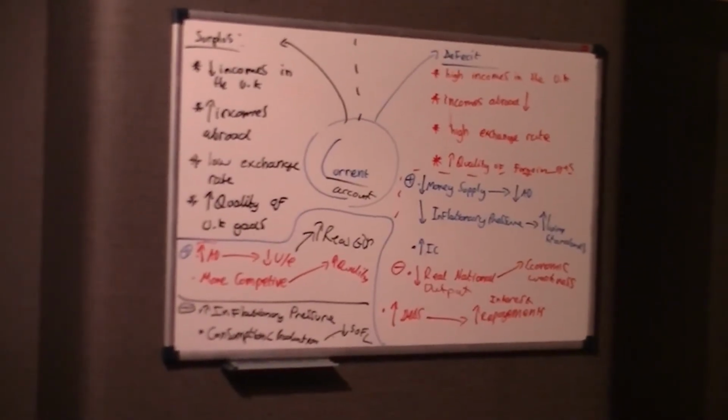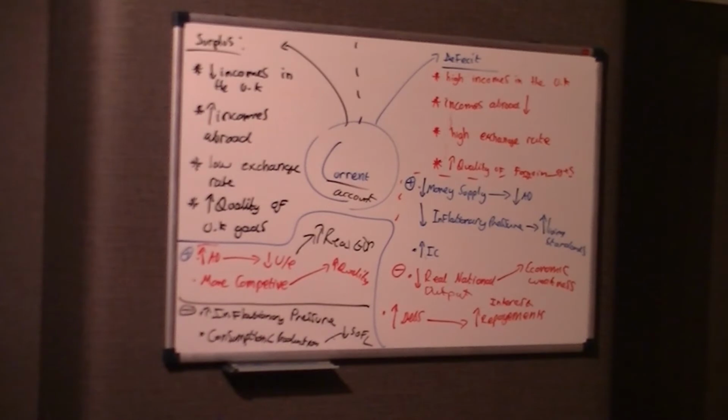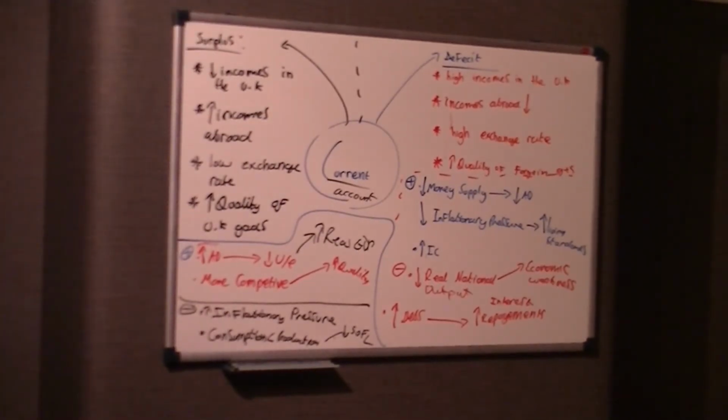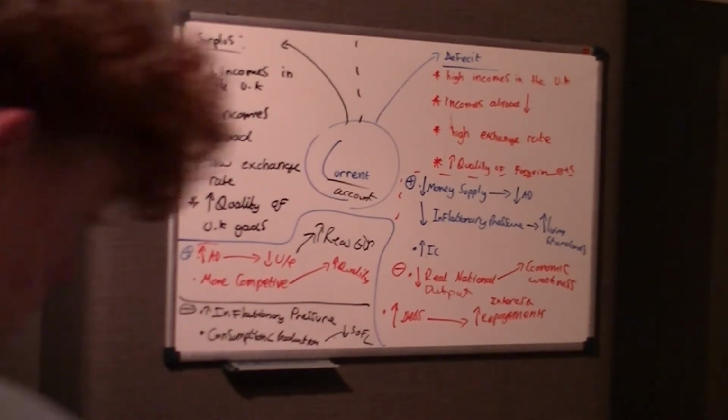Sorry about that, my camera decided to die, which is very good of it indeed. So, as we were talking about, consumption is less than production, so our standards of living will decrease, because inflationary pressure increases.